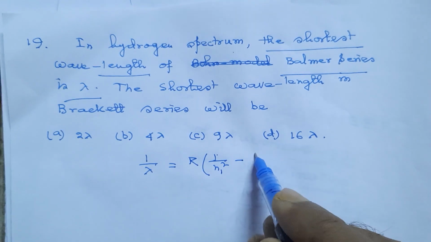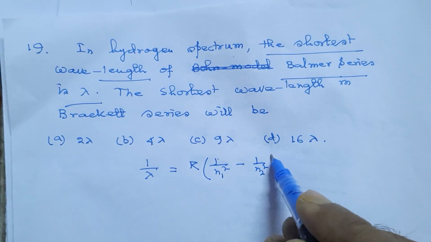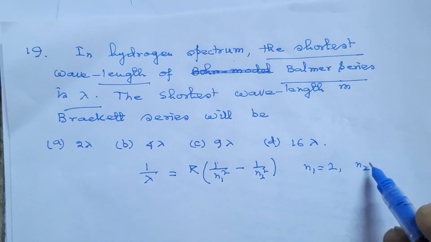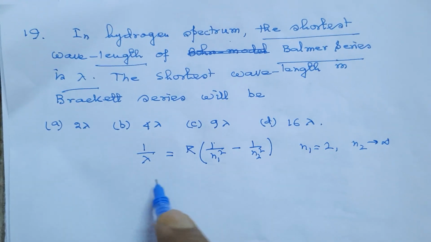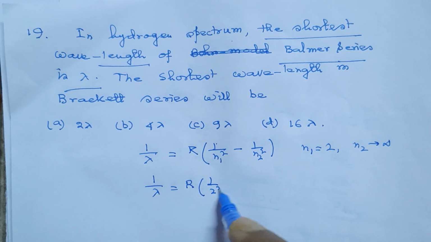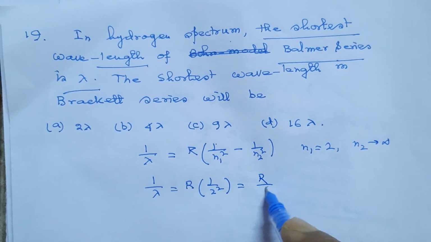For the shortest wavelength of the Balmer series, n1 equals 2 and n2 is infinity. So 1 by lambda equals R into 1 by 2 square, that is R by 4.